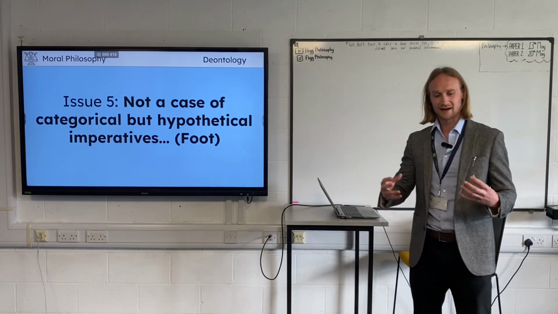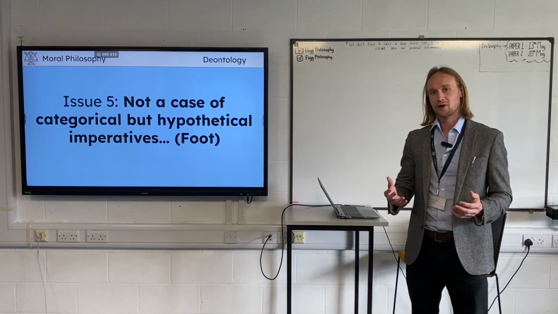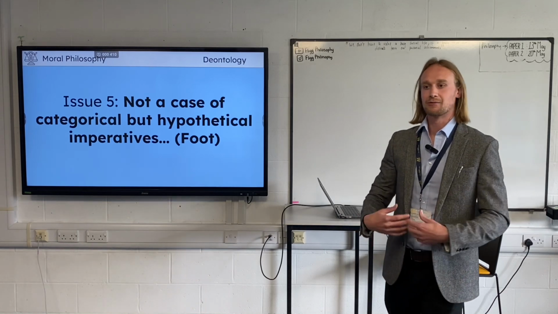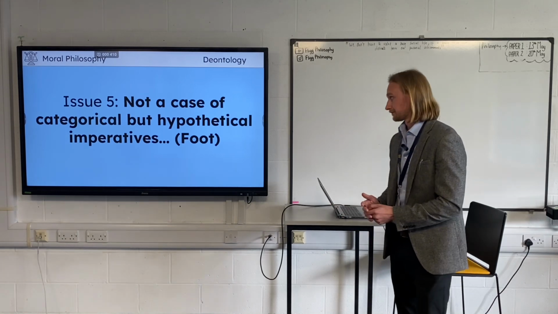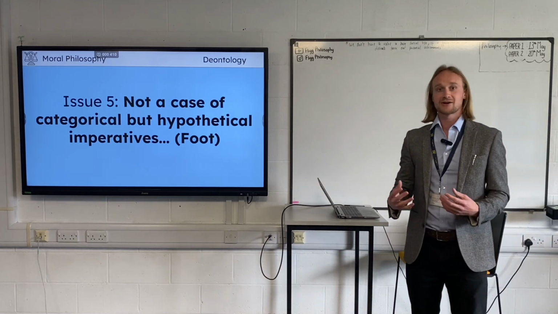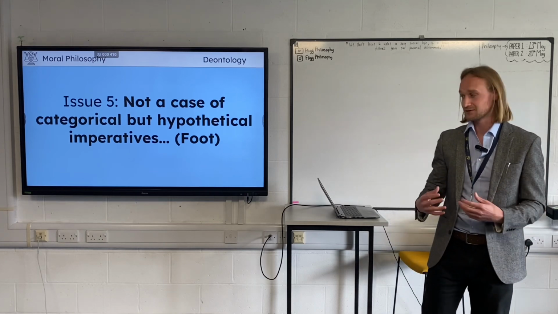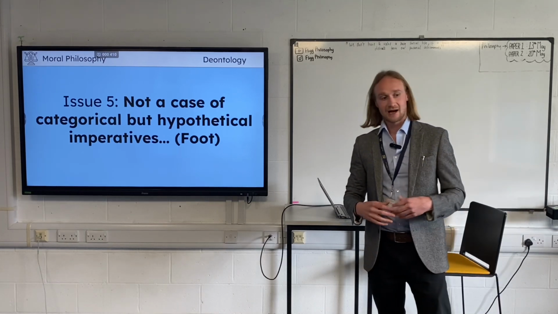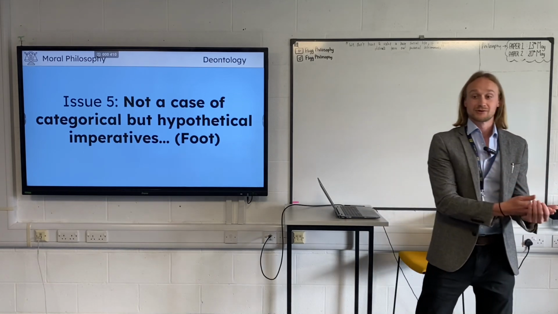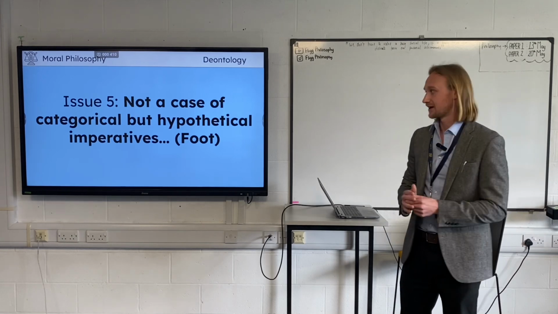Foot thought that it's not really irrational to not follow one of Kant's moral laws if by following that moral law there would be some sort of bad outcome. In essence, what Foot's saying is that to be rational is usually to look at some hypothetical imperative, and it's totally rational to have a desired goal and, by wanting to achieve that goal, follow the right action in order to bring it about.